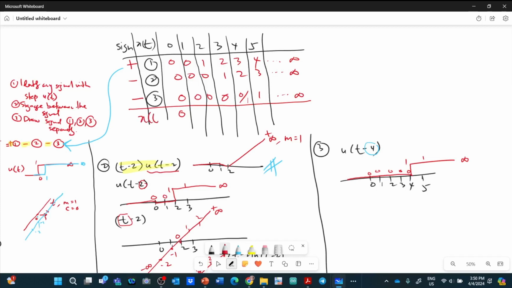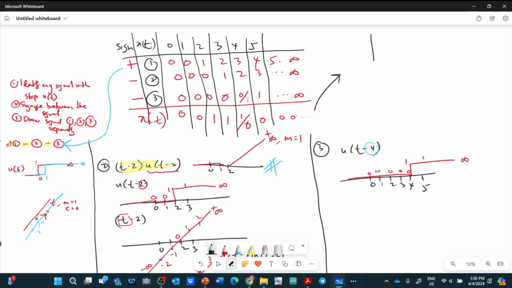So this is to plot x(t). 0 minus 0 minus 0, 0. 1 minus 0 minus 0, 1. 2 minus 1 minus 0, 1. 3 minus 2, 1. 1 minus 1, 0. 4 minus 3, 1. 1 minus 1, 0. And you get 0. You can try other values if you want. For example 5, you get 0. Okay, so now you have x(t).